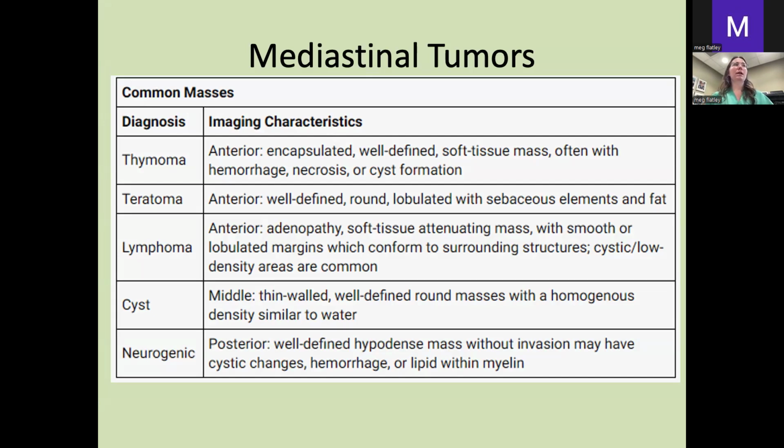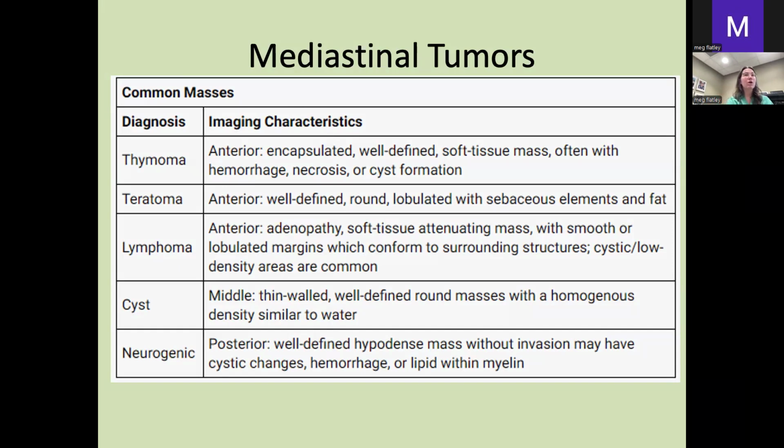What is, in adults and kids, the most common posterior mediastinal tumor? Yeah, neurogenic. And is it more common to have an anterior or a posterior mediastinal tumor? Anterior, yeah. The most common site of mediastinal tumors is going to be anterior.